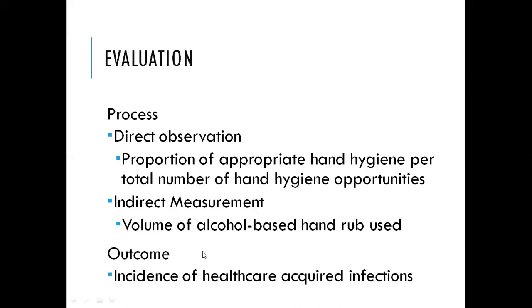Evaluation could be a direct observation where we look at the proportion of appropriate hand hygiene per total number of hand hygiene opportunities. Indirect measurements could be the amount of alcohol that has been used, and the outcome would be the incidence of healthcare acquired infection. So the process and outcome go hand in hand.